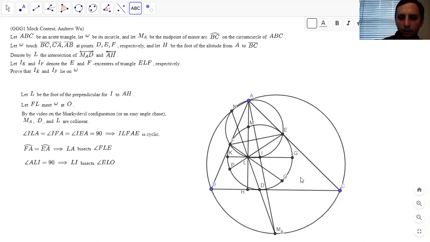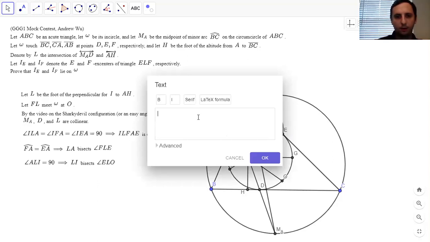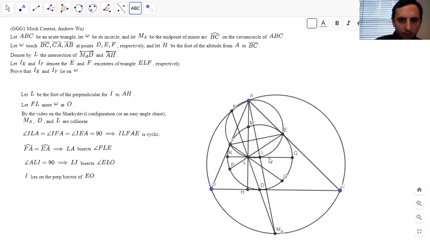Let's think about this. So since I lies on the perpendicular bisector of EO, I don't think I'm leaving out anything here, but let me know if I am.